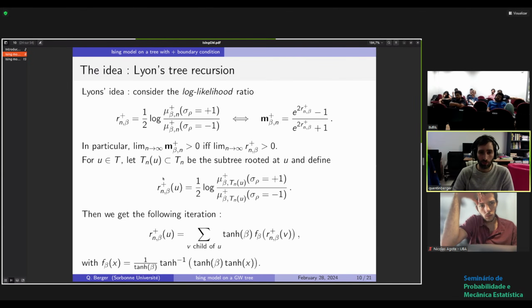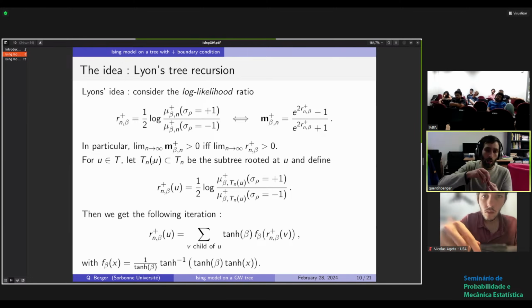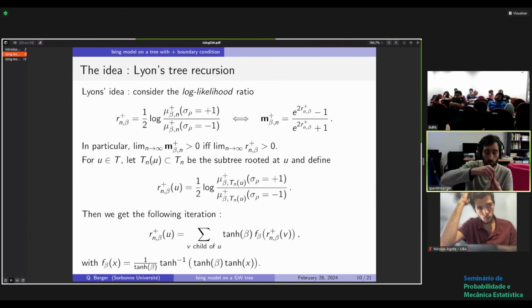I don't know if it's clear: you have a big tree, choose a vertex u, and look at all the descendants of u inside the tree Tn. So you have a tree of height n minus the height of u. You look at the Ising model inside that tree, where u is your new root, and you can look at the log likelihood ratio in this tree.